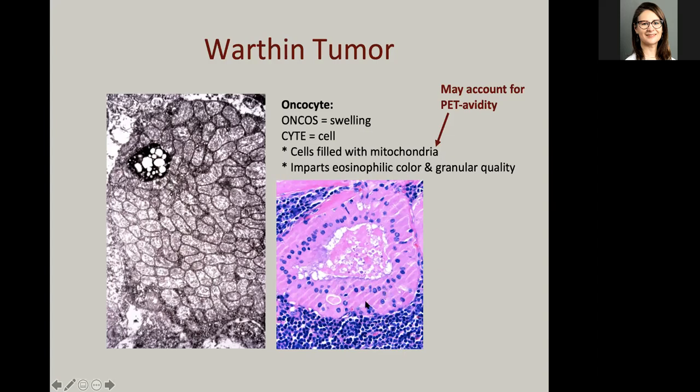And that imparts this eosinophilic color and granular quality. And this energetically rich cell may also account for the PET avidity of these tumors. So that's characteristically Warthin. Oh, let's not forget the lymphoid stroma, right? The inflammation in lymphoid-rich areas can also be PET avid. So probably both of these things contribute to the glucose uptake in the PET.